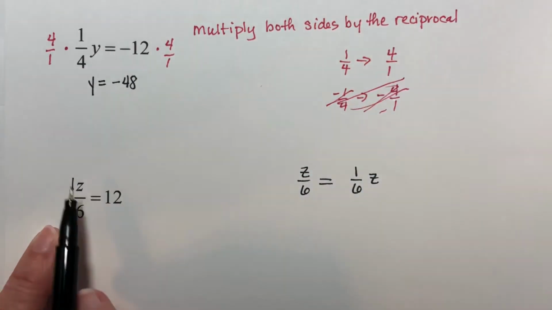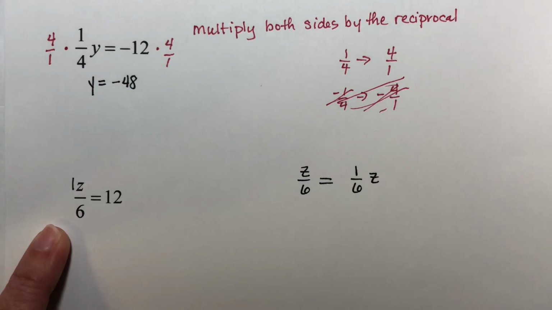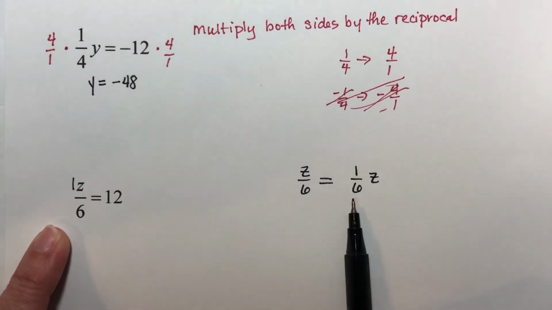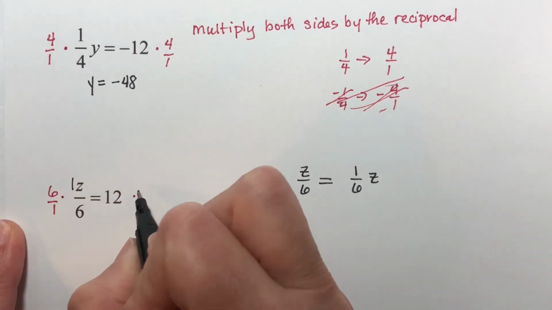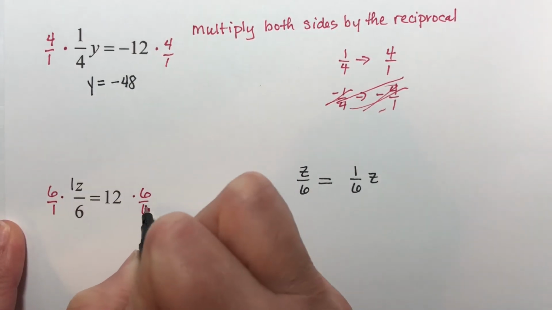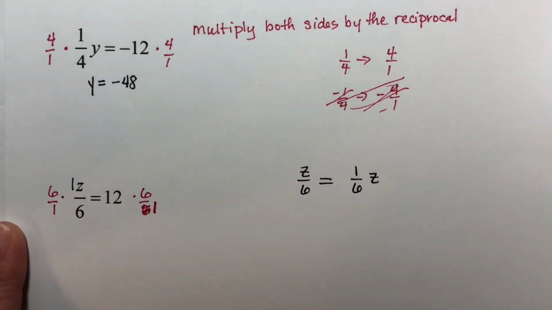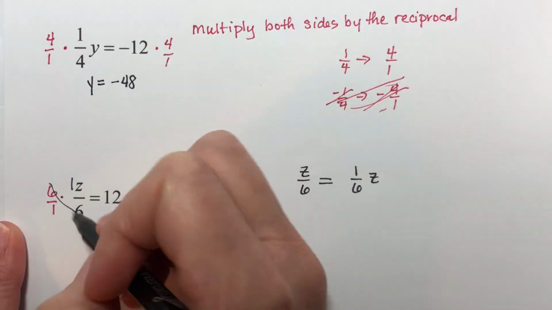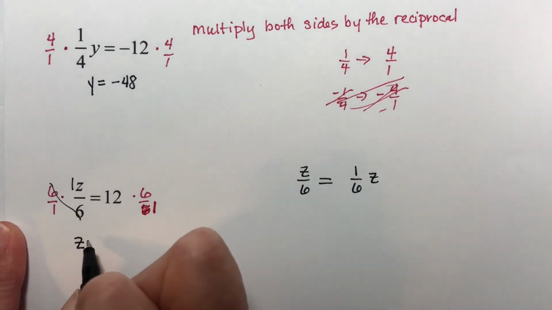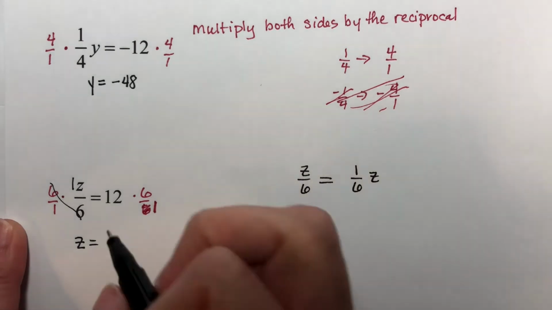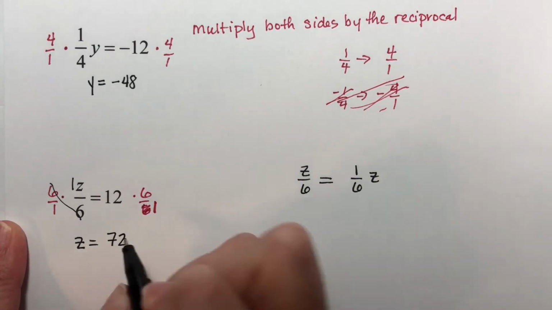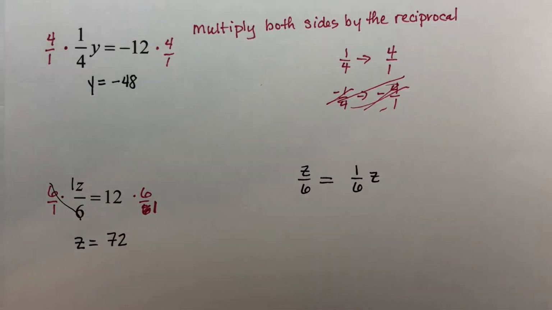I'm going to multiply both sides by the reciprocal. The reciprocal of 1/6 is 6 over 1. So multiply both sides by 6 over 1. This cancels out. You have just z, and on the right-hand side, you have 12 times 6, which is 72. 72 should be your answer.